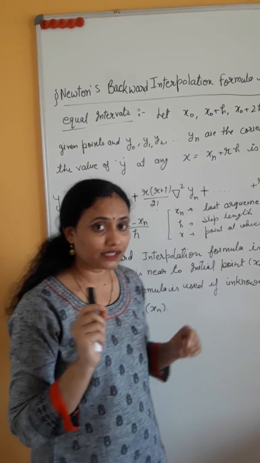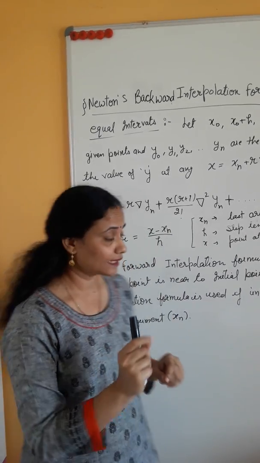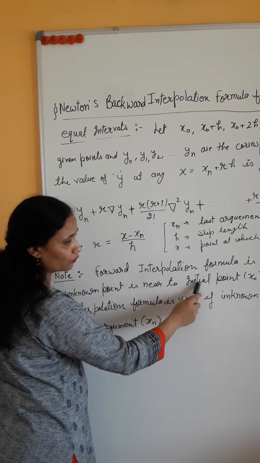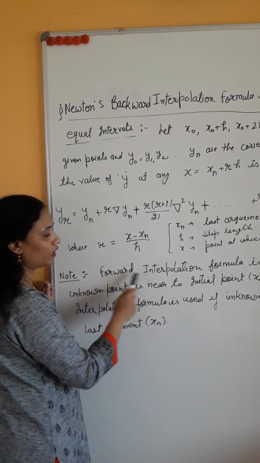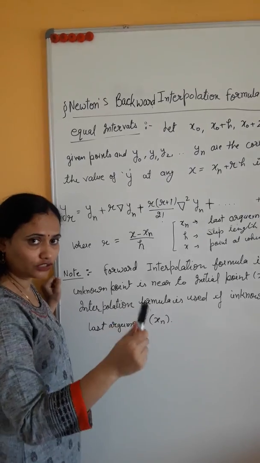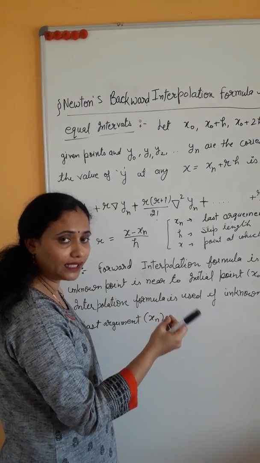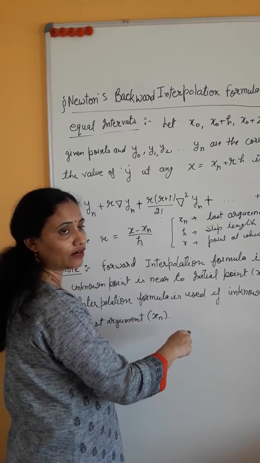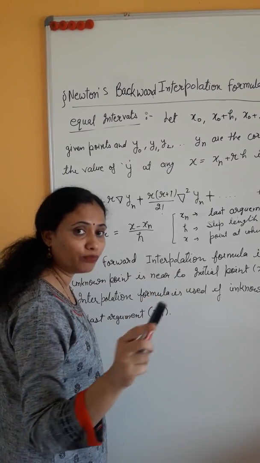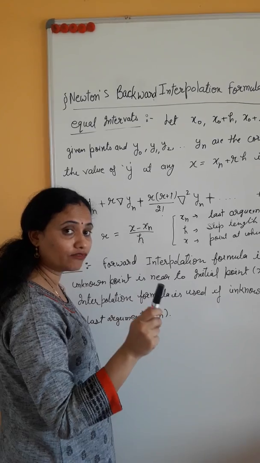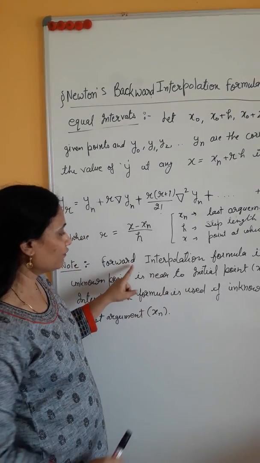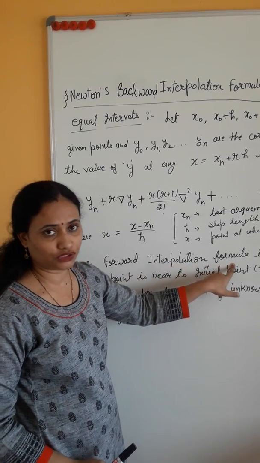So if the asked point is near to the first value or the initial value, then we have to apply forward interpolation. If you just go back a little, in the starting I gave an example with a table, that if we have to find y at 1.5, then 1.5 is near to the initial point, so for that we have to apply the forward interpolation formula.